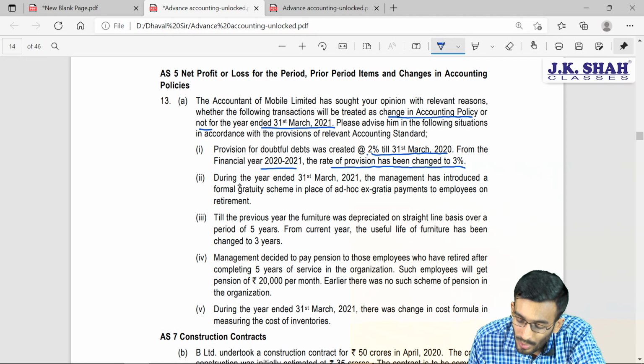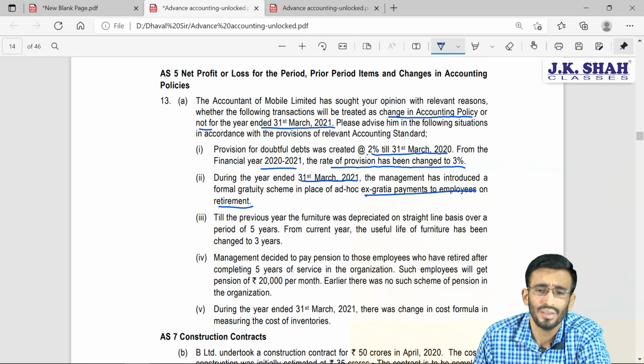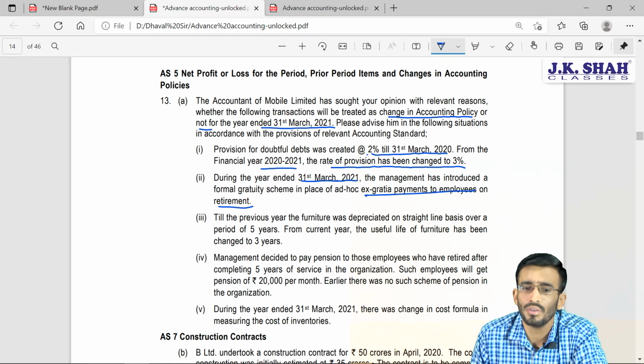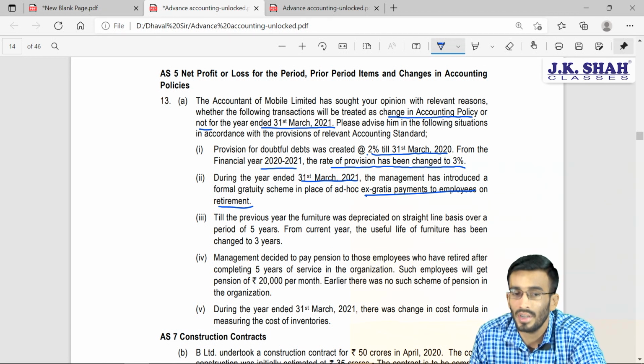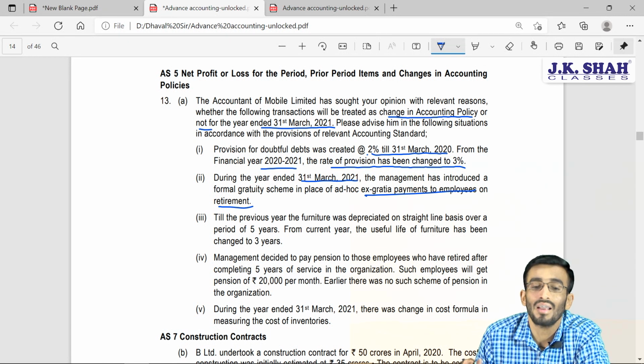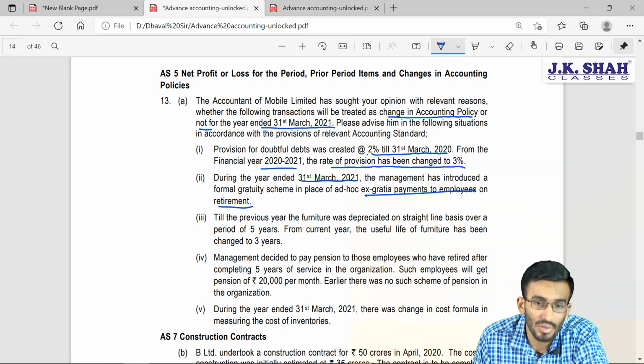Second, during the year ended 31st March 2021, the management has introduced a formal gratuity scheme in place of ad hoc ex gratia payments to employees on retirement. So basically earlier, management used to pay a lump sum ex gratia payment to employees on retirement. Now they are moving towards a gratuity scheme.